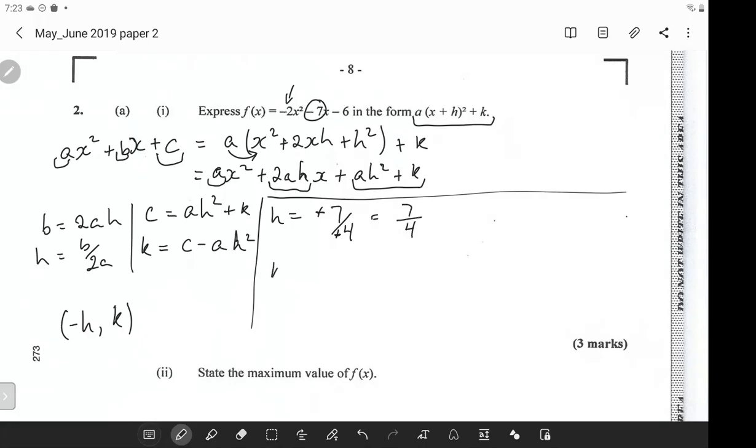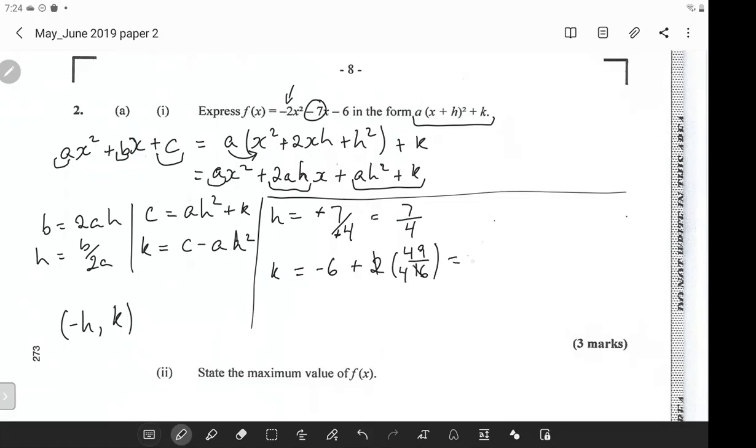And k is equal to c minus ah squared. So we have c is -6 minus a, which is -2, so negative becomes positive, times (7/4) squared, which is 49 over 16. We cancel these down to 4.